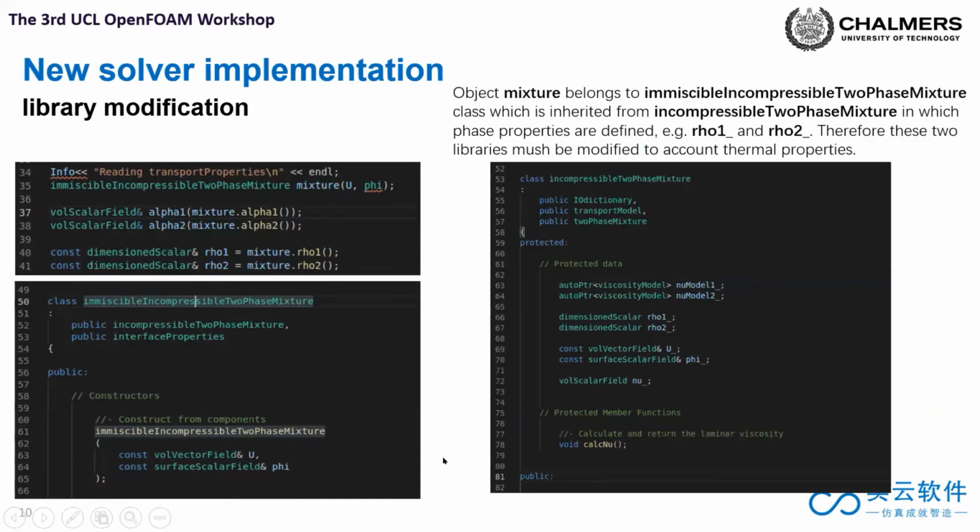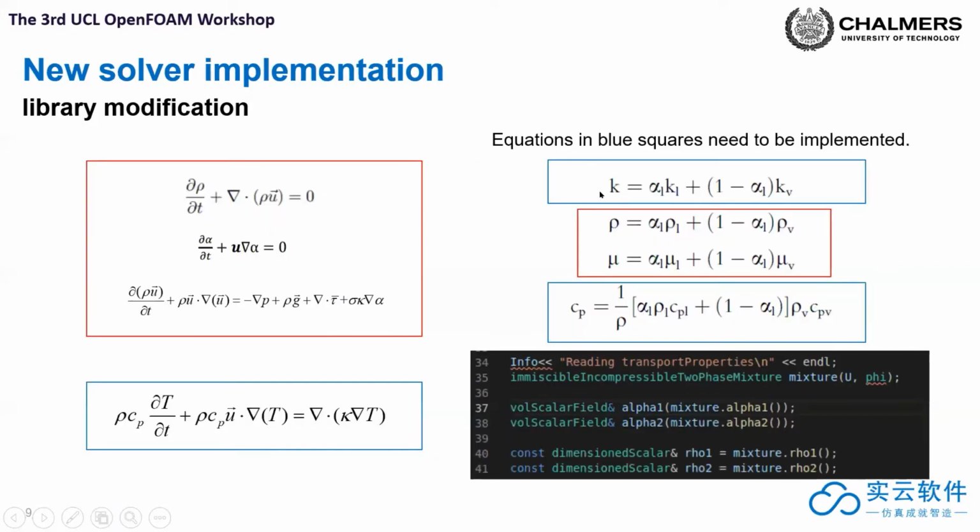Now, like I mentioned before, when you try to add new variables, you need to understand the code and know where to put these variables. So in this case, like I explained before, this immiscible incompressible two-phase mixture library is important because it creates an object, and inside this class, it defines a lot of functions to return the relevant field.